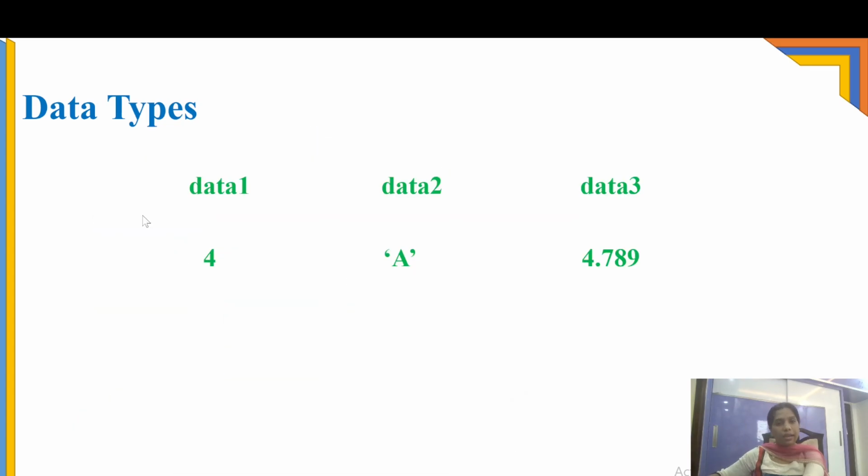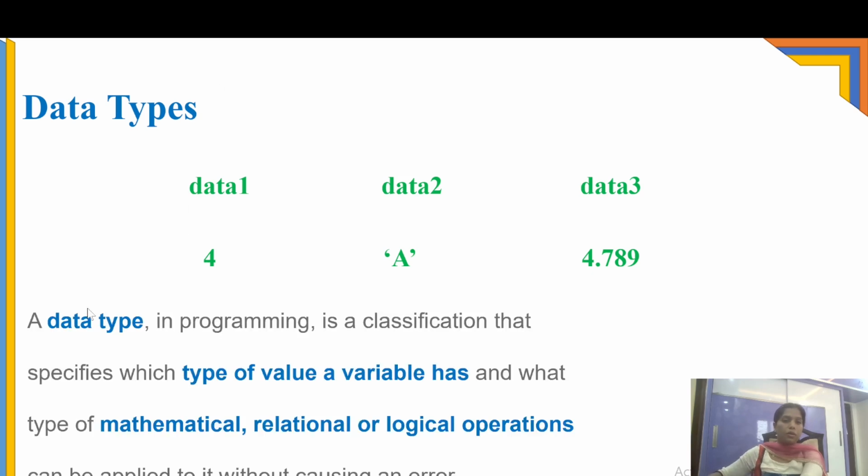In the same way, let us connect this with our example. For example, data 1 is 4, data 2 is A, data 3 is this one. We don't know in which variable each should be stored, so for that purpose we have data types. For storing 4, the data type will be integer.